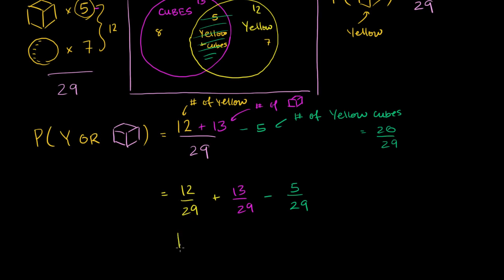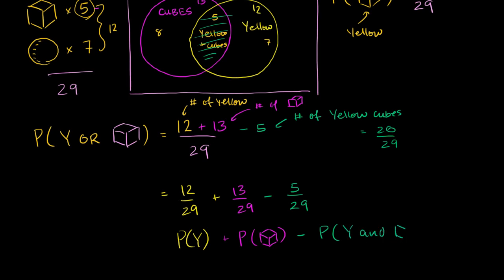So this right over here was the probability of getting a yellow. This right over here was the number of cubes over the total possibilities. So this is plus the probability of getting a cube. And this right over here was the number of yellow cubes over the total possibilities. So this right over here was minus the probability of yellow and a cube.